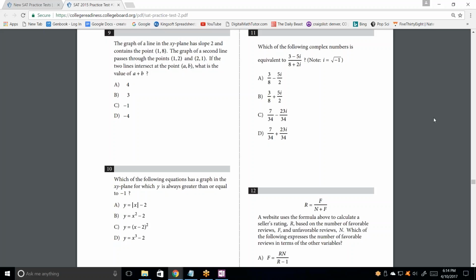Don't they start you out with easy ones? Yeah, it's generally a progression of 15. That's what I've seen on all the practice SAT tests that I used to do. Of course, 2016, they changed it. So you're taking a substantially different SAT test now than prior to 2016. Yeah. All right, let's look at number 9.